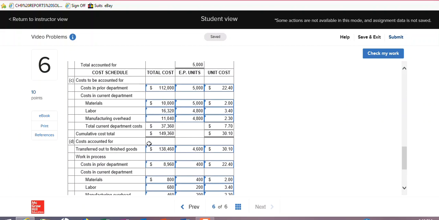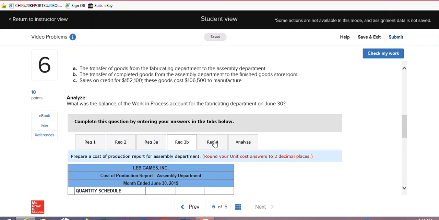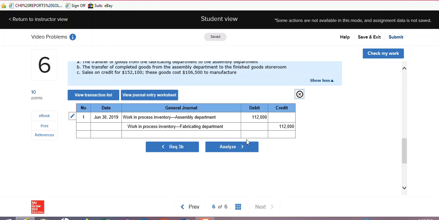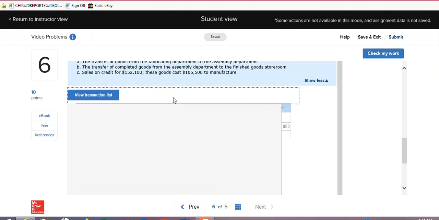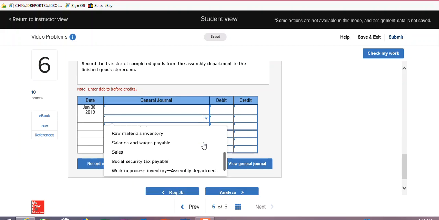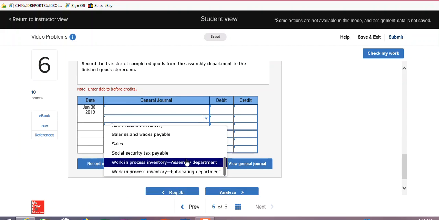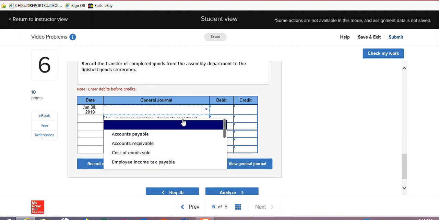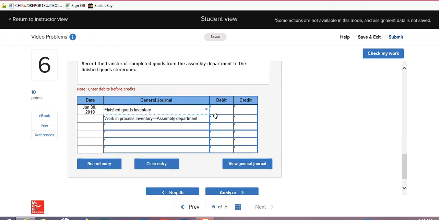It says transferred out to finished goods, and we had a cost of $138,460. That's coming out of work in process in the assembly department. Now it goes into finished goods, and that was $138,460.